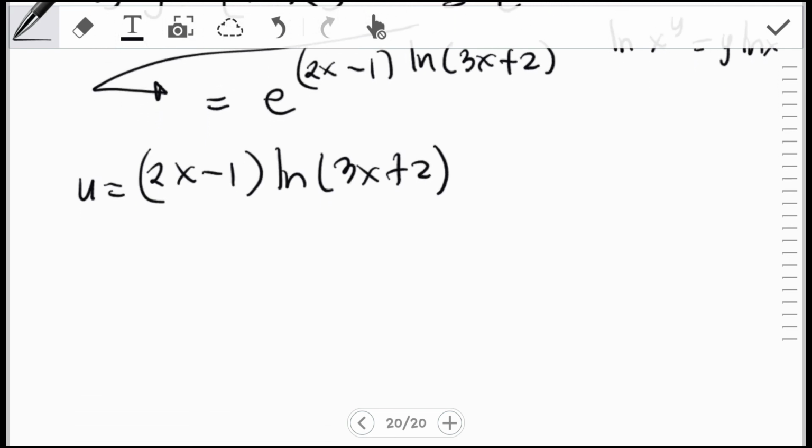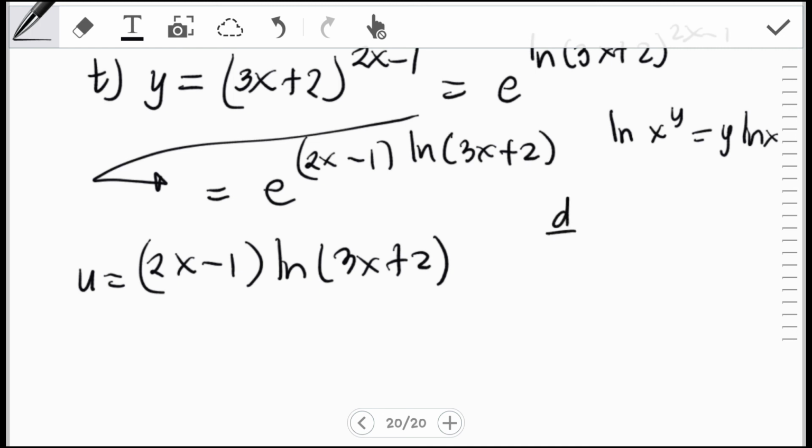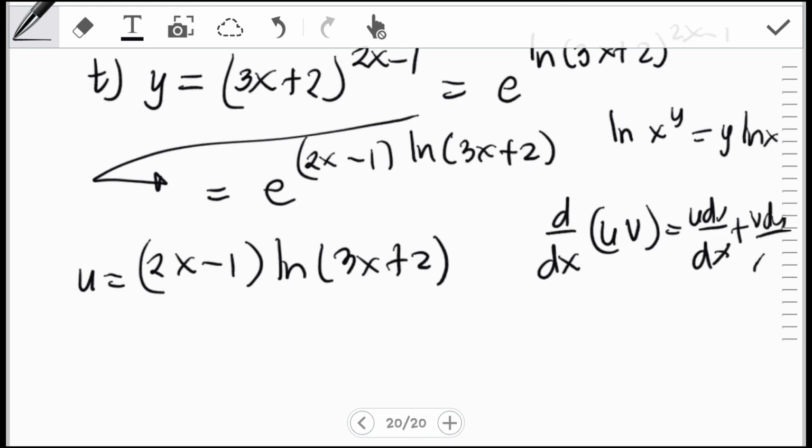Again, we use the product rule formula: d over dx of uv is equal to u dv over dx plus v du over dx.